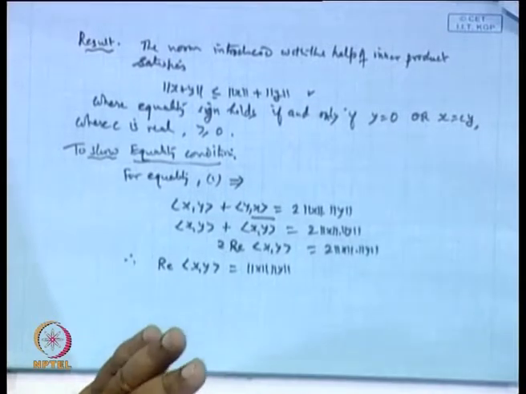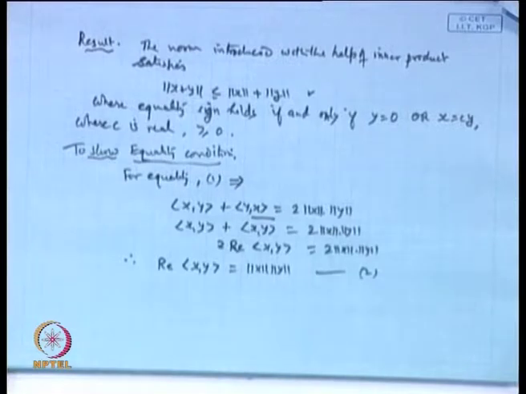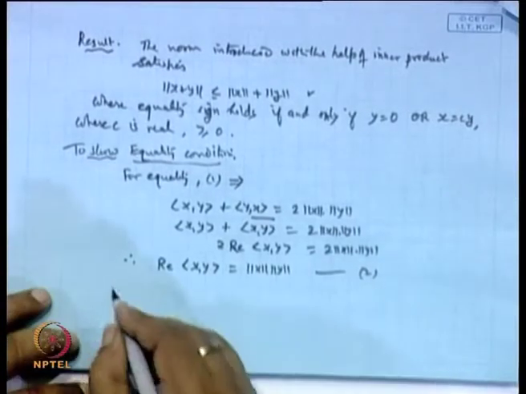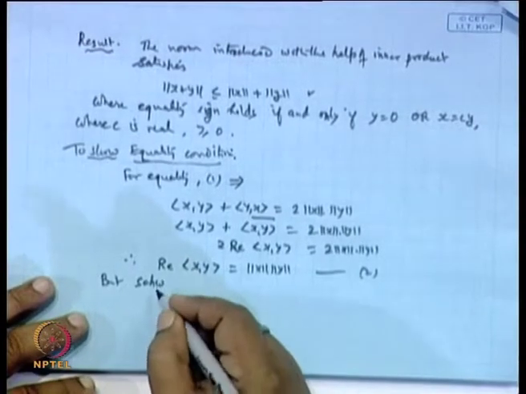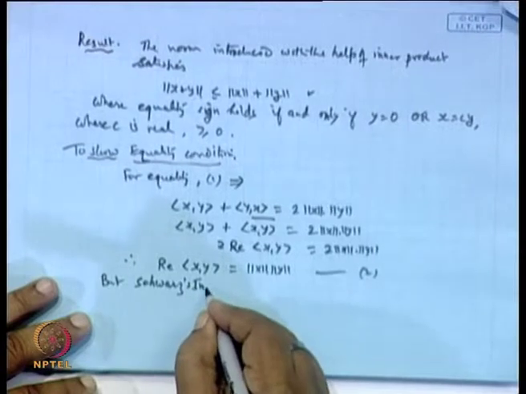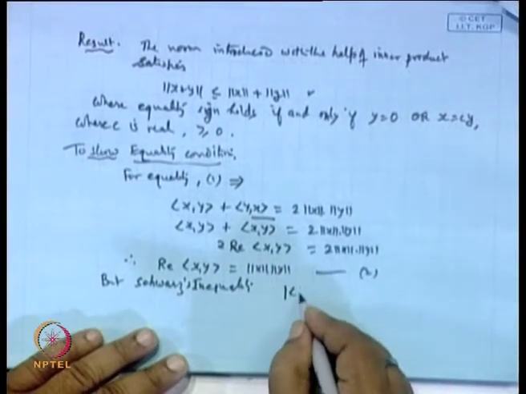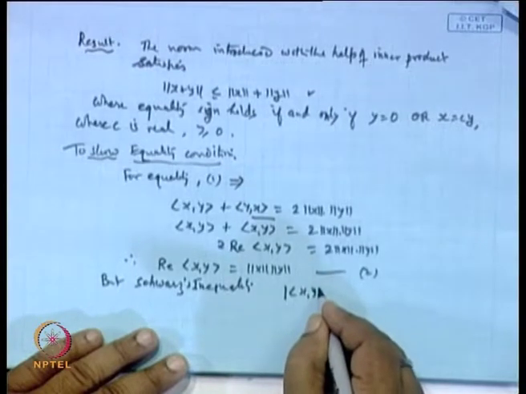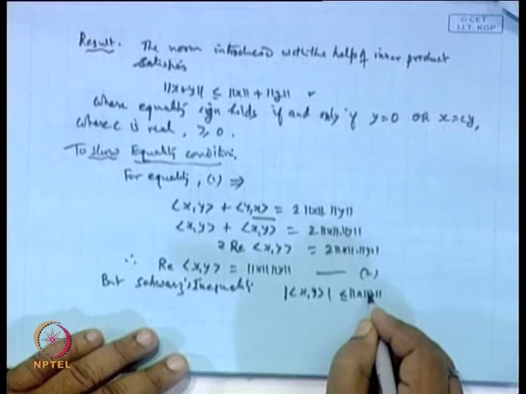Okay. Is it clear? So, we get 2, but the Schwarz inequality says that the modulus of the inner product x y is less than or equal to norm of x into norm of y, is it not?